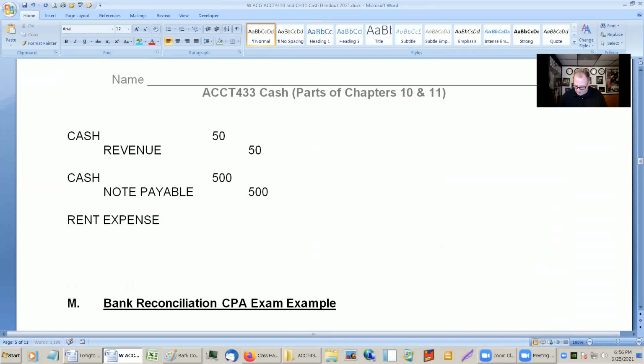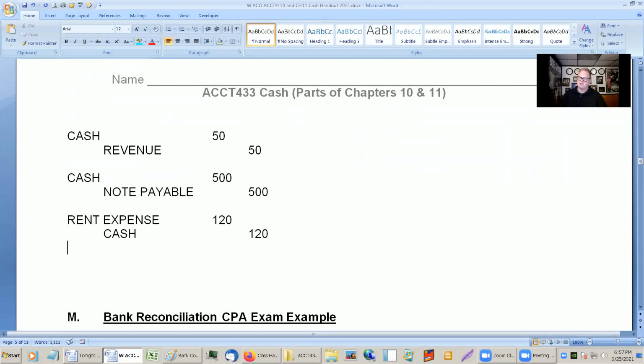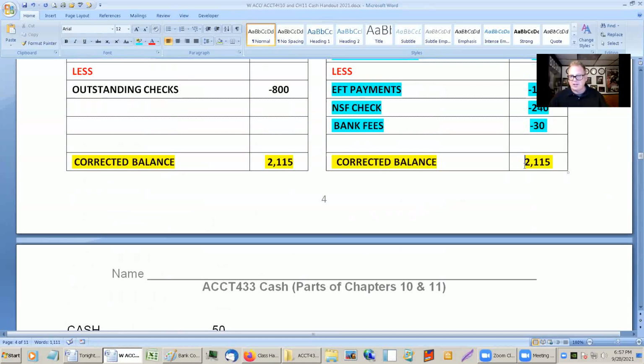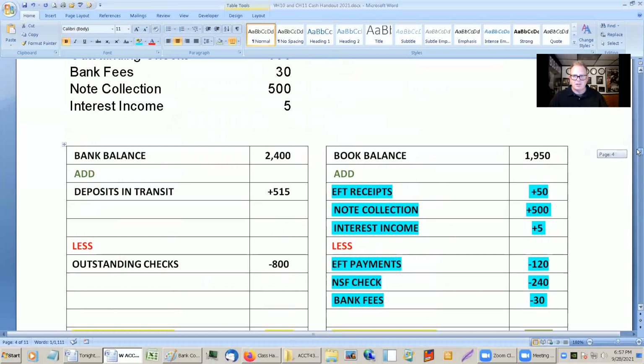I think it was 120. And then cash. There's always going to be a cash part in each one of these, because that's what we're going to try to correct. Whatever the payments are for, you're going to put it as a journal entry, and for everything on the side. The real goal is that at the end of the period, this should be what you have in your cash, not 1950.